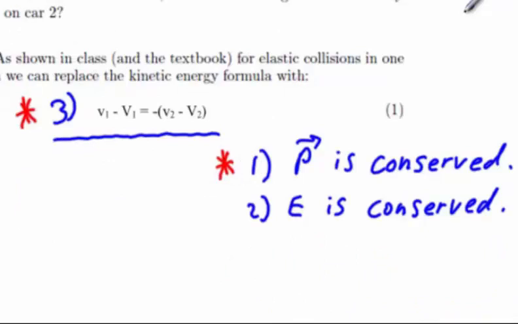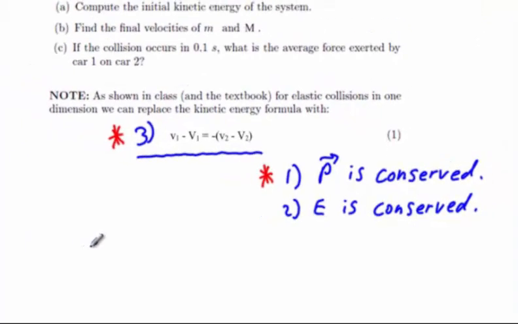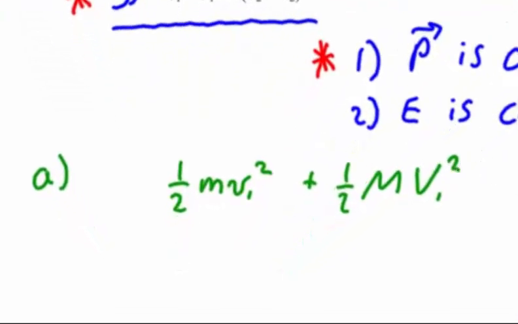Before we proceed with the momentum calculation necessary for part B, let's take a moment to solve part A and get that one out of the way. In part A, we are asked to compute the initial kinetic energy of the system, and that will be the sum of all kinetic energies of all objects, which will be 1/2 lowercase m times its velocity at moment 1 squared plus 1/2 capital M times its velocity at moment 1 squared.